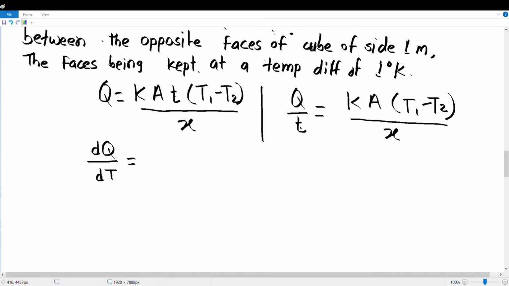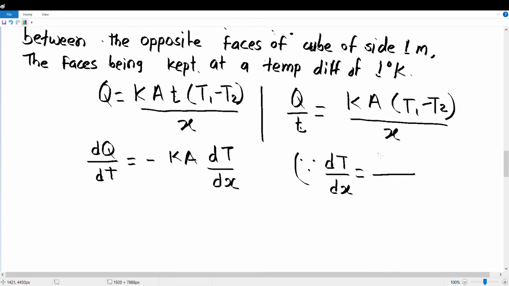What we get? dQ by dt is equal to minus K into A dT by dx, where this dT by dx is the temperature gradient.